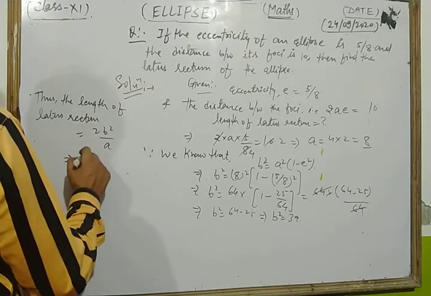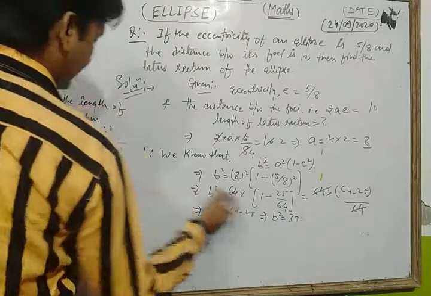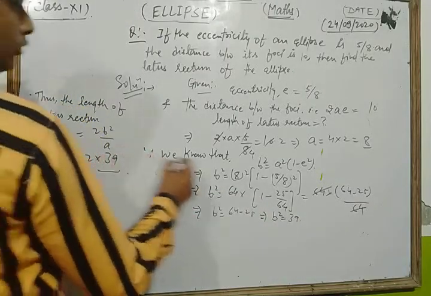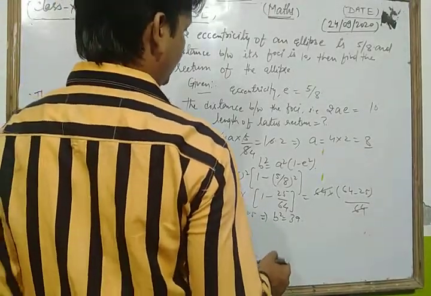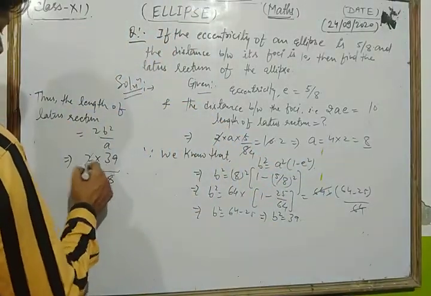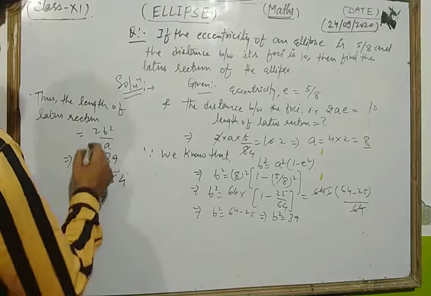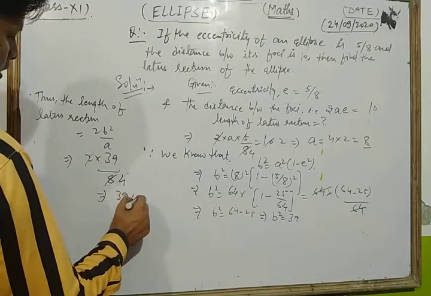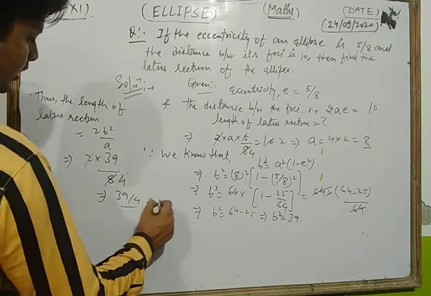Now we put the value of 2 into the value of b square, which is 39, as it is, upon the value of a, which is 8. Here 2 4s are 8, so the value of the latus rectum is 39 upon 4. This is our final answer.